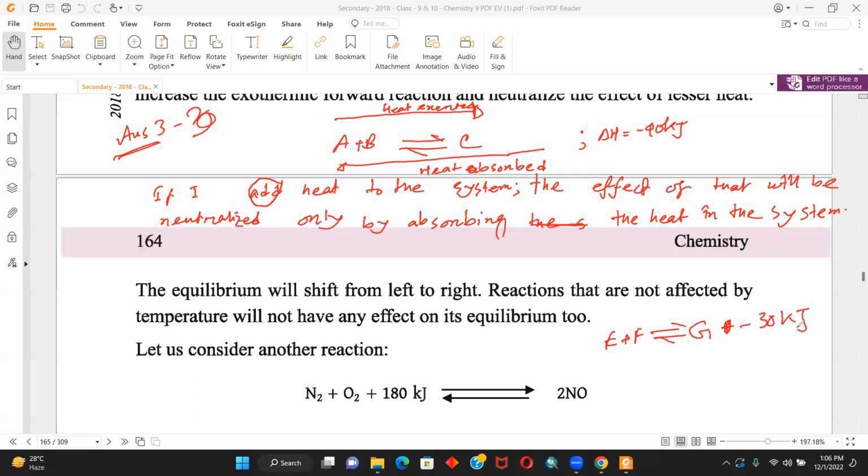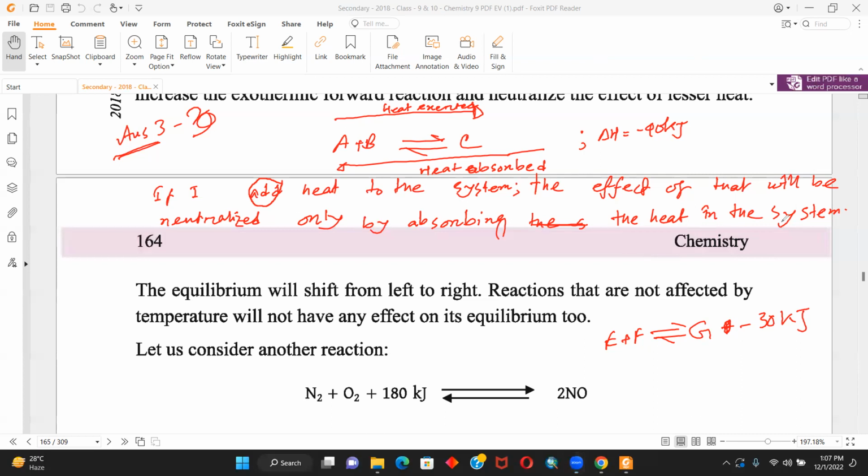Tell me, what is the effect of adding heat to the system in the equilibrium state? It is absorbing 30 kilojoules of energy.